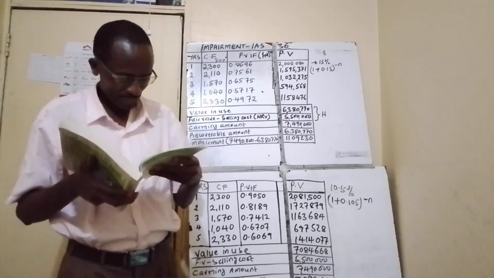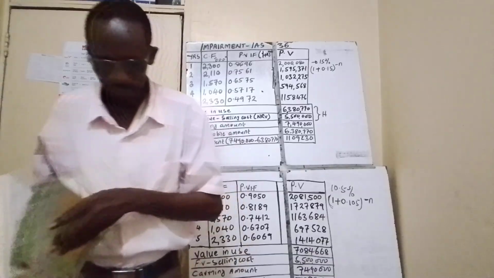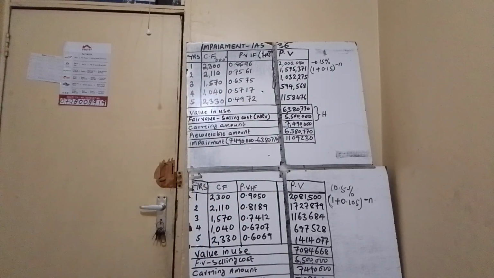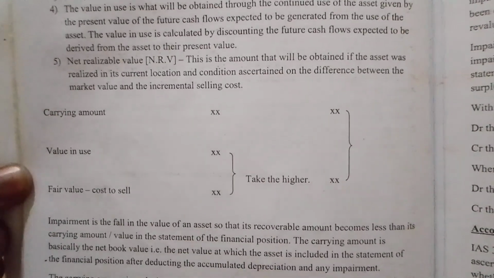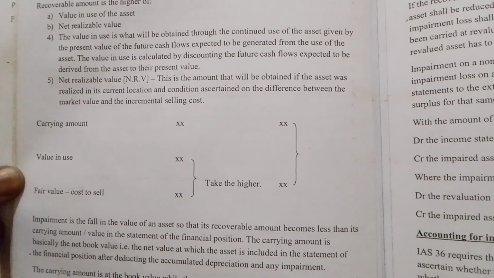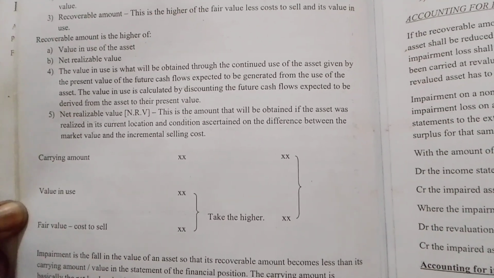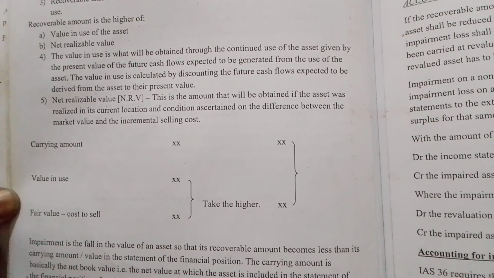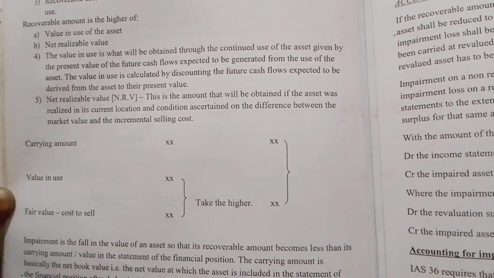Now, let me show you another diagram which also can help you to understand the concept of impairment. It's just like the previous one. You pick the one that you are comfortable with. You see where we have said number 5. You can also read the recoverable amount is the higher of A, value in use of the asset, and B, net realizable value.